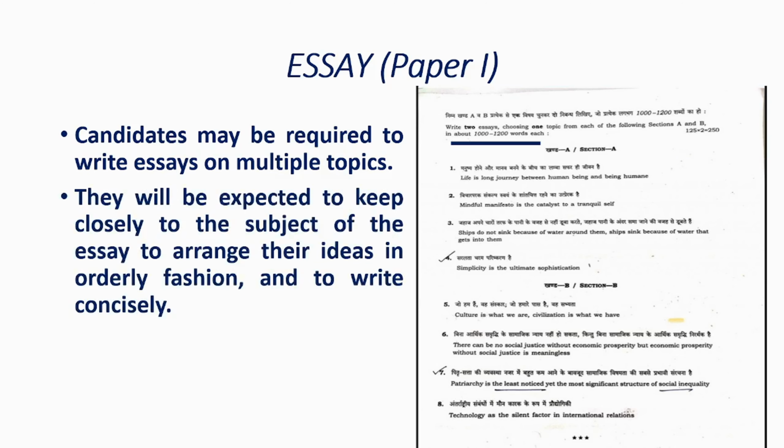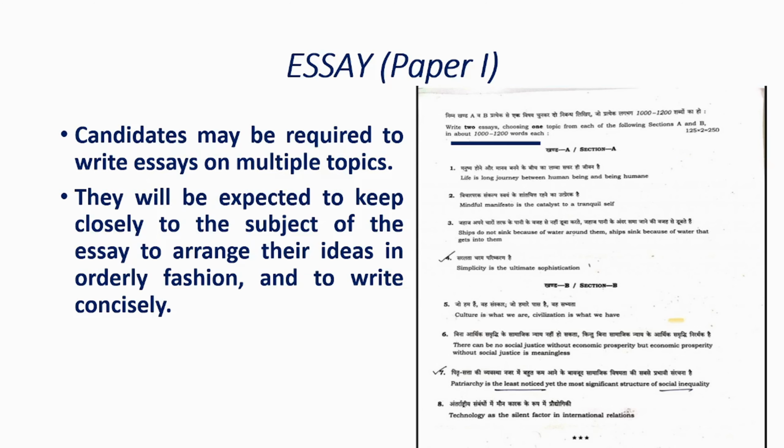They will expect you to keep closely to the subject of the essay, to arrange your ideas in orderly fashion and to write concisely. So you will be expected to keep closely to the subject of the essay. If they are asking about something, like see this essay 5 in section B: Culture is what we are, civilization is what we have.